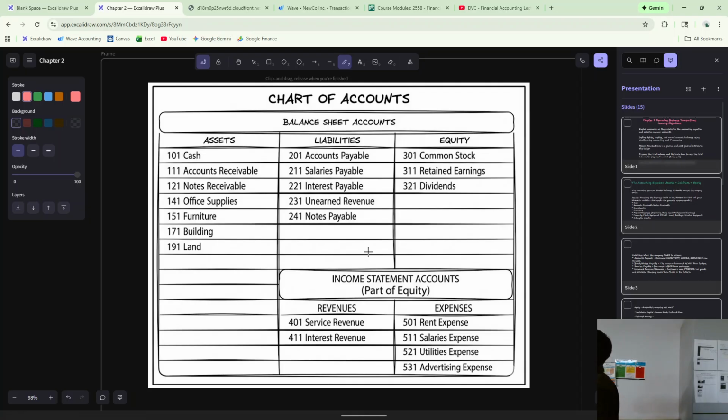Every business is going to have different needs of what accounts it needs, and also naming conventions. It's going to call things slightly different things. There's discretion on what these are actually called and which ones are relevant. But as you get more experience, you'll understand.